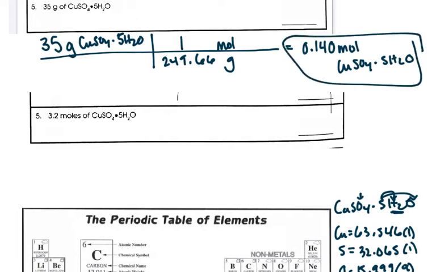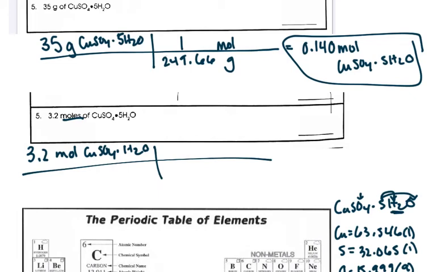And then for the one on the bottom of the page, I'm just going the opposite direction. So now I'm given moles and I'm going to find grams. So 32 moles of copper sulfate pentahydrate, and I'm going to convert my moles of copper sulfate pentahydrate into grams of copper sulfate pentahydrate.